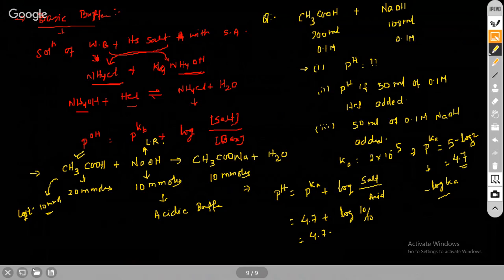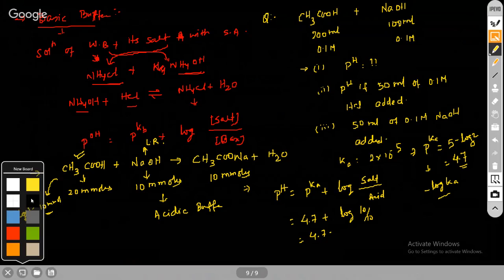Now the second case, when we have added 50 ml of 0.1 molar HCl. How many millimoles of HCl?